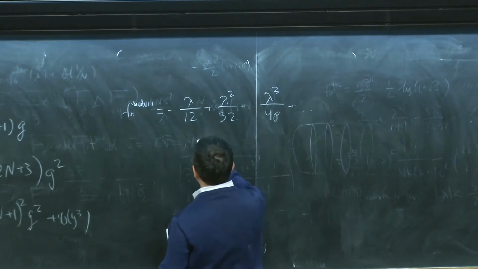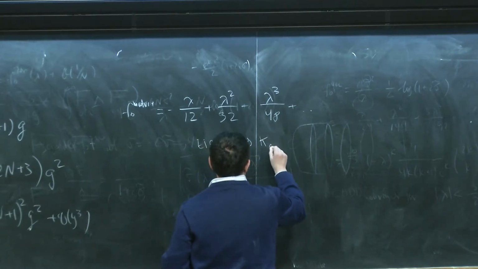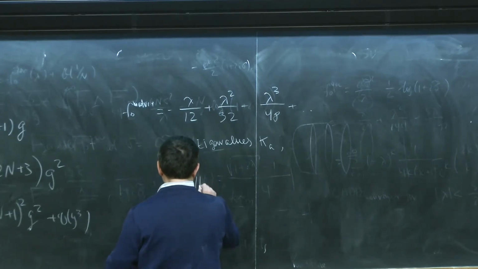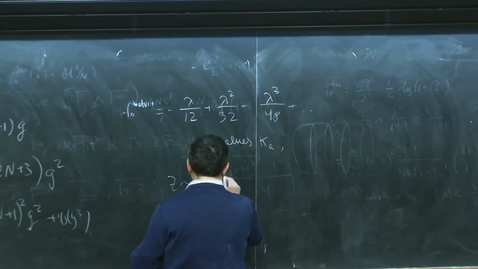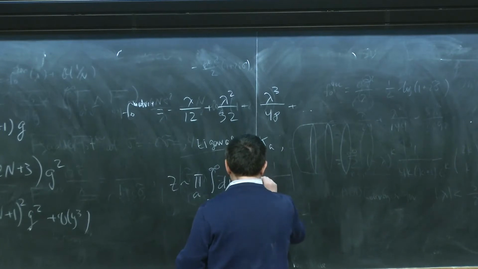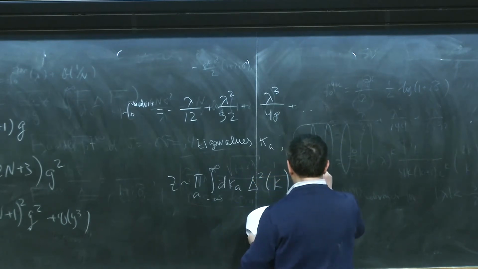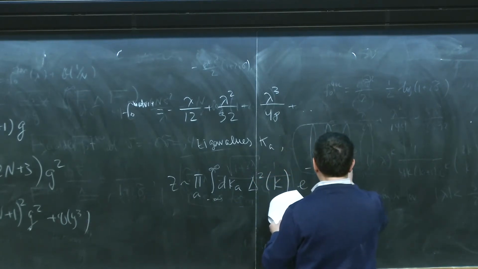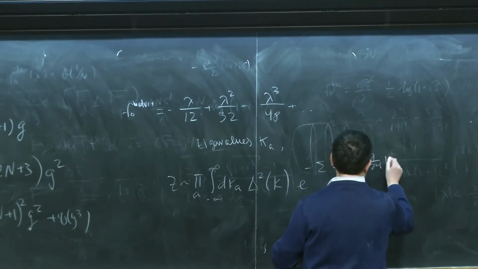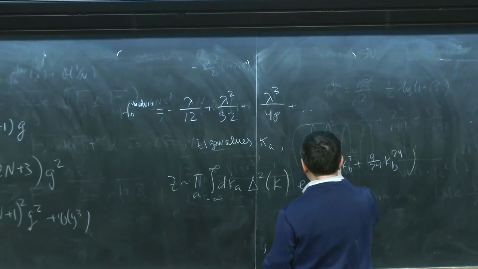So you introduce eigenvalues kappa A of this matrix, and then Z will be a product over A of the integral d kappa A, and then there is a square of the van der Monde determinant, delta squared of kappa, and then just e to the minus the sum over b from 1 to n of 1/2 kappa b squared plus g over 24 kappa b to the 4.